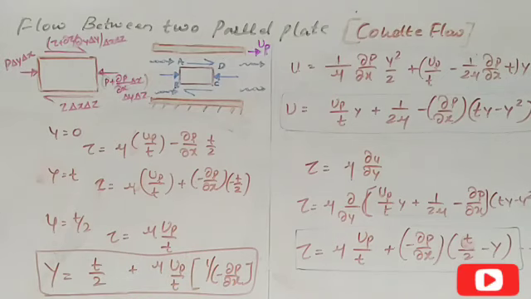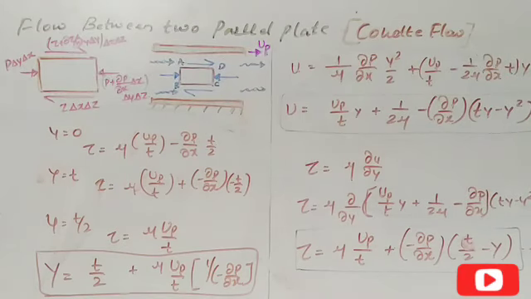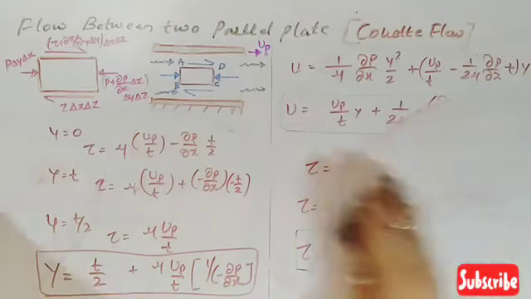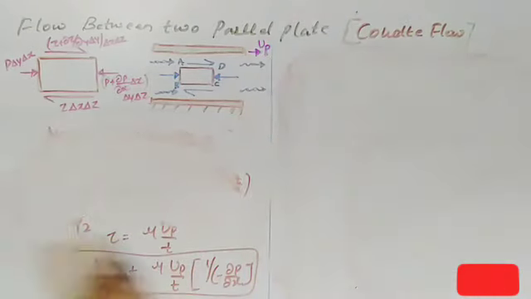This equation helps us identify the location where the shear stress is minimum. So this is the distance which tells us where the shear stress is minimum. Similarly, we need to get the equation where the velocity will be maximum as well as minimum. That will continue in the further derivation.